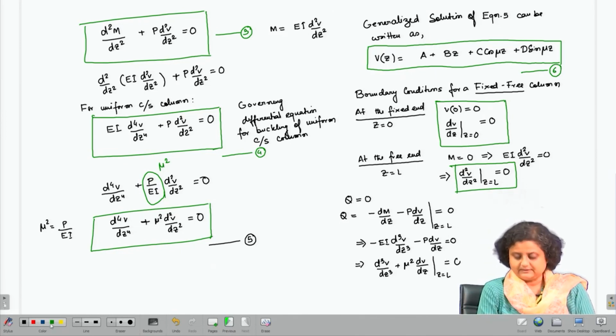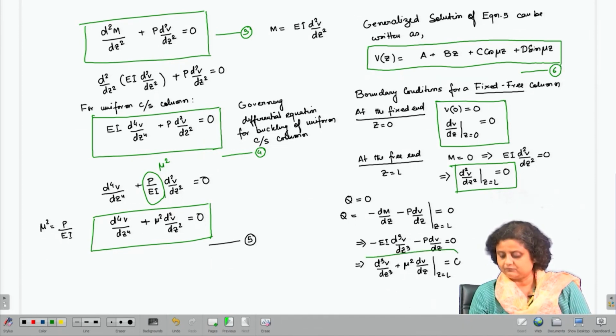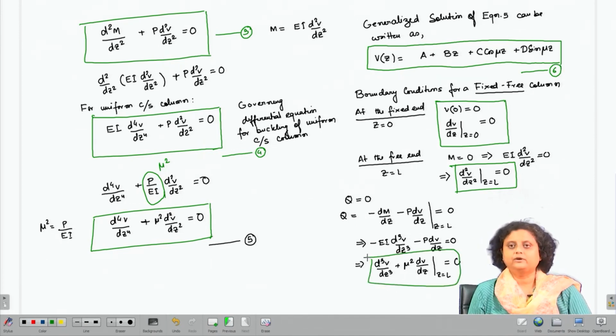So, this is the fourth equation that we are going to have.